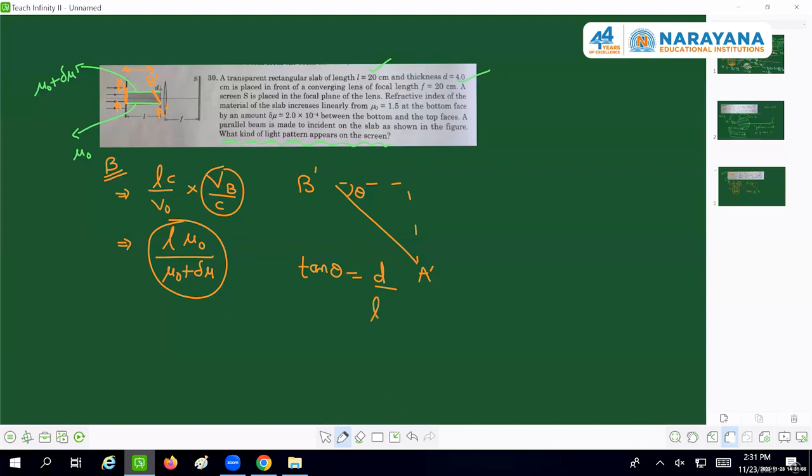So L minus the lower one, so it has traveled L mu naught upon mu naught plus delta mu. So basically that is D by L times mu naught plus delta mu, and in the denominator you will have mu naught plus delta mu minus mu naught. So I got a term delta mu.